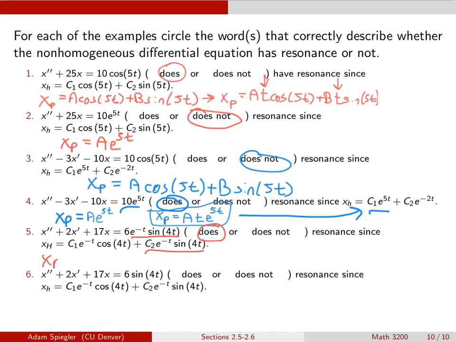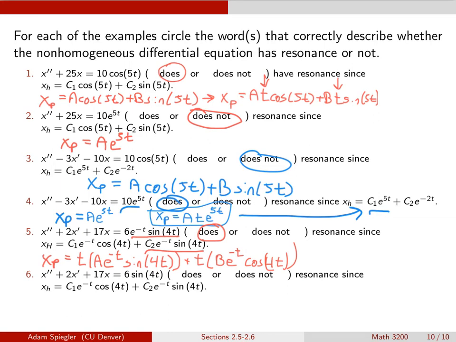So our particular solution is going to be t times what our initial guess might have been. So we would have had some constant e to the minus t sine of 4t. We multiply that by a power of t, and then we also multiply the cosine piece. So that would be our particular solution.